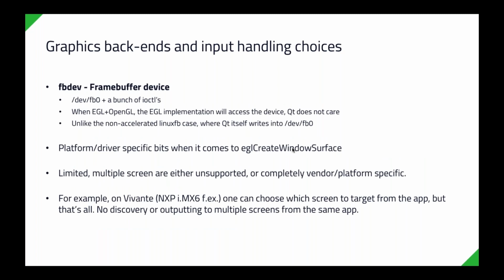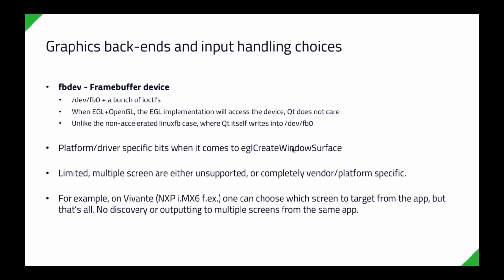So on the framebuffer, what we do is we get access to the /dev/fbX device, and we use a bunch of ioctls to control and obtain some information from the device. Now, in the case of FBDEV, when you are using EGL and OpenGL, the EGL implementation will actually access the device and the Qt layer is kept abstracted from it.